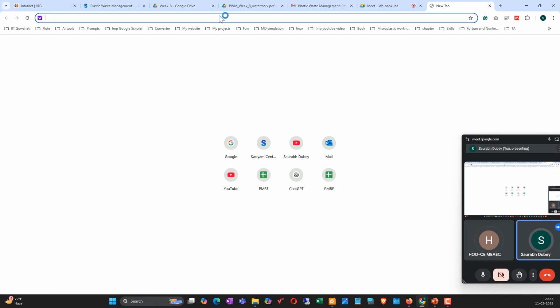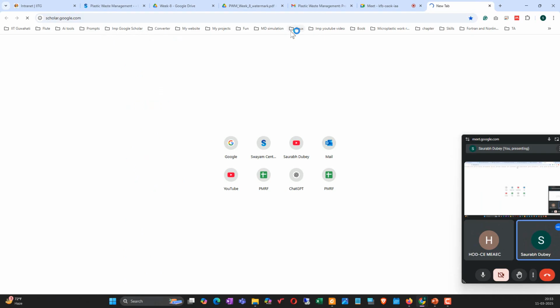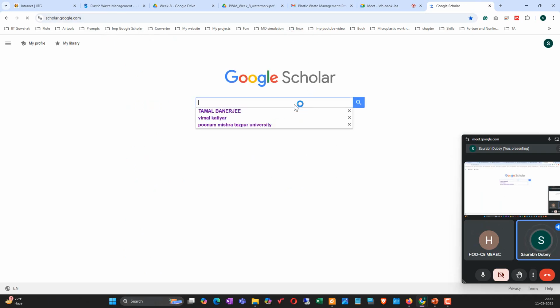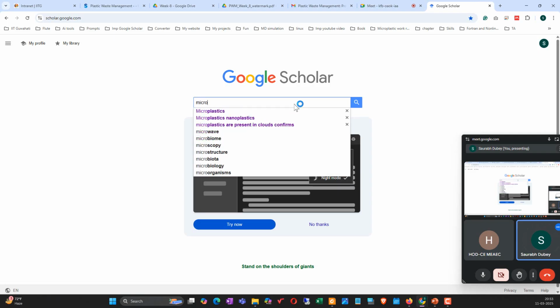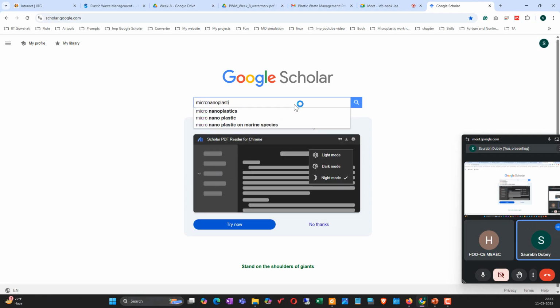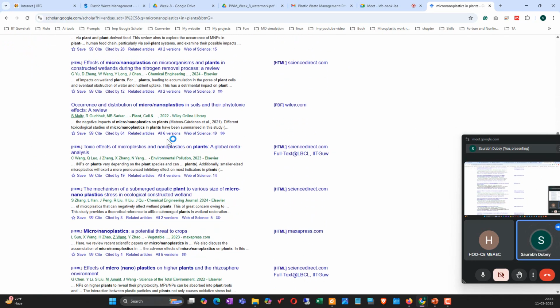So there was this study. Let me just put that here. Yes, this plastic plant micro nanoplastics, a very small paper was there.